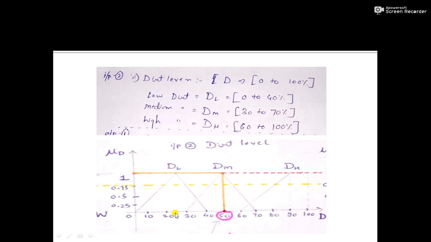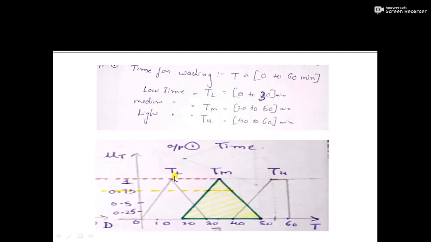So for 25 the fuzzy value is 1. For 30 it is 0.75, and for 40 it is 0. Similarly, for 50 it is 1, and for 70 it is 0, and for 90 it is 1, and for 100 it is also 1. So this is how we are converting a crisp value into a fuzzy value.